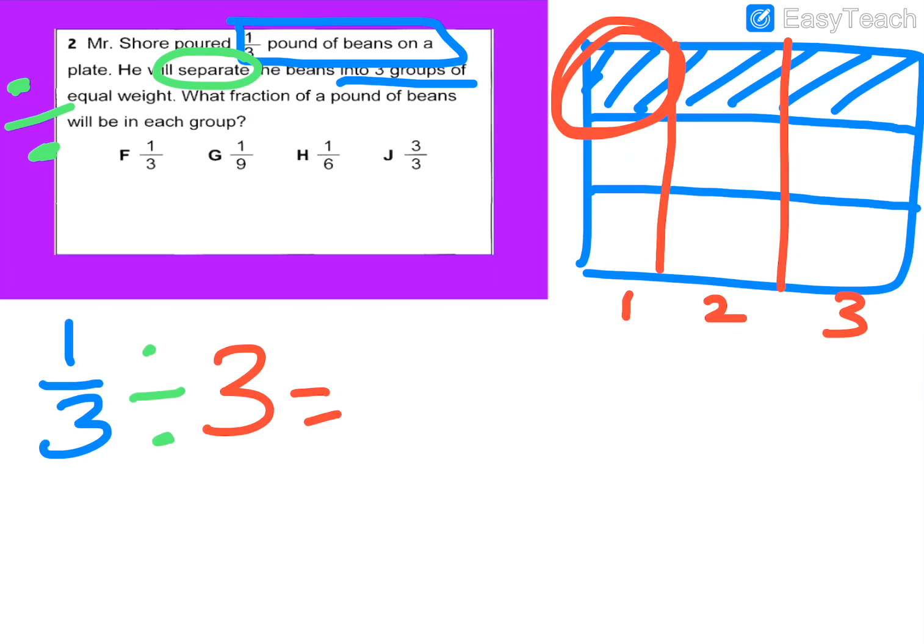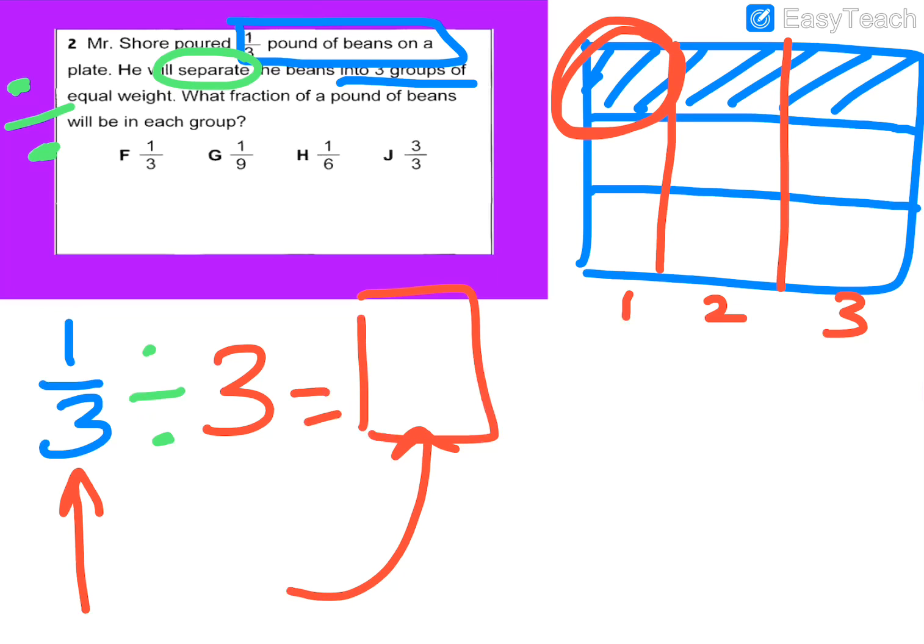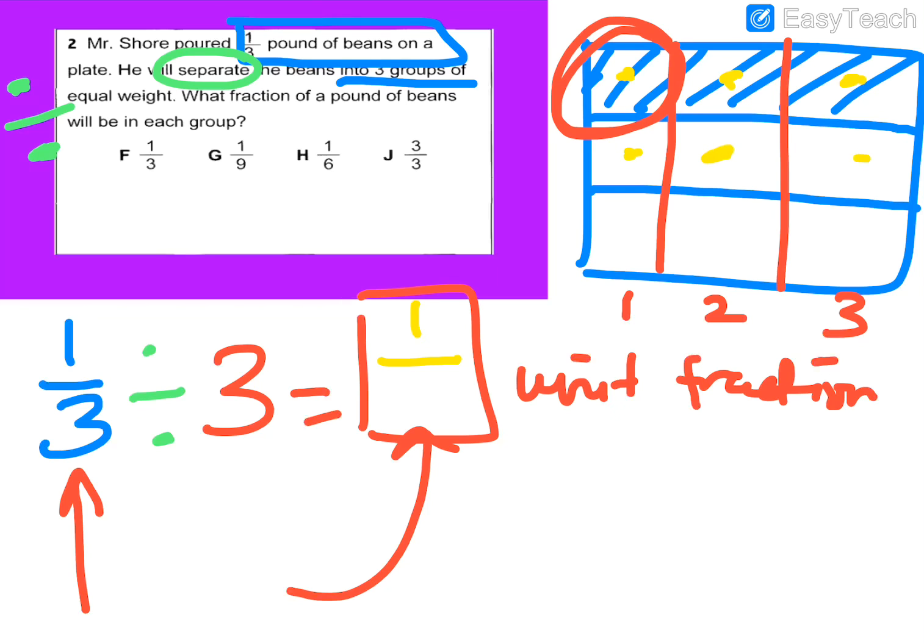So we know that we're starting with the unit fraction. So our answer here must be a unit fraction. So with our unit fractions, don't forget that our top number or our numerator is always 1. So it has to be 1 over something. We have 1, 2, 3, 4, 5, 6, 7, 8, 9.